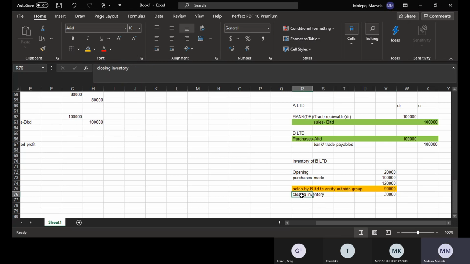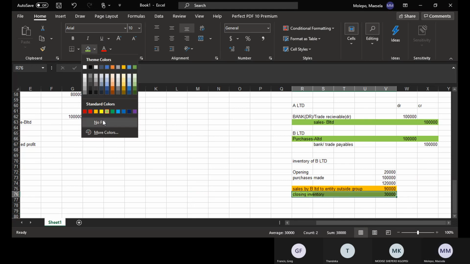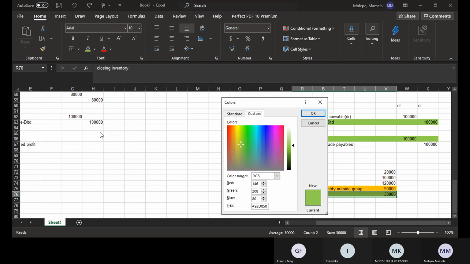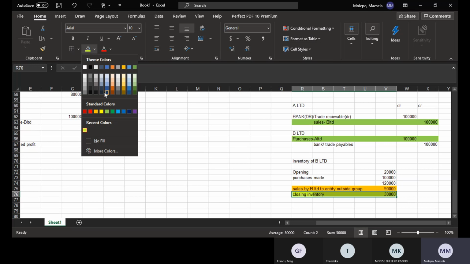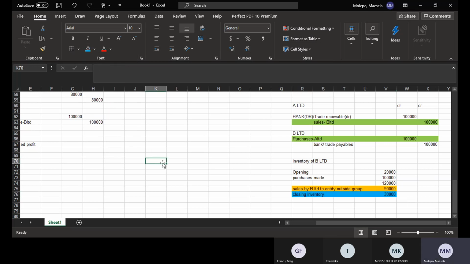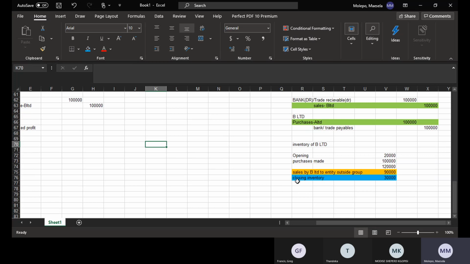Now we're going to focus on the unrealized profit.